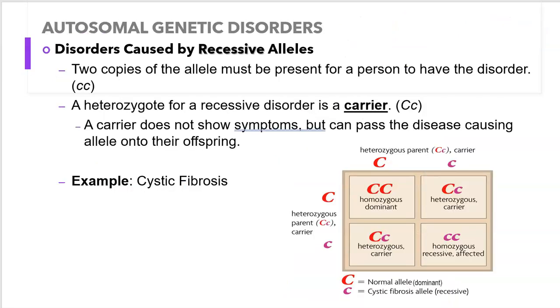So one common genetic disorder that is found on our autosomal chromosomes, so one of those 22 pairs, is cystic fibrosis.